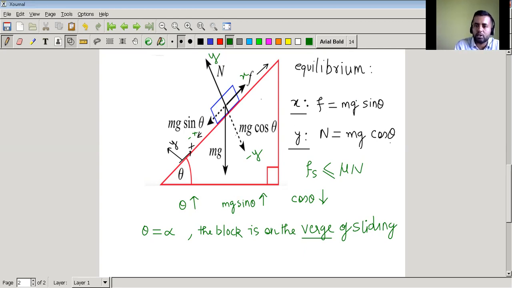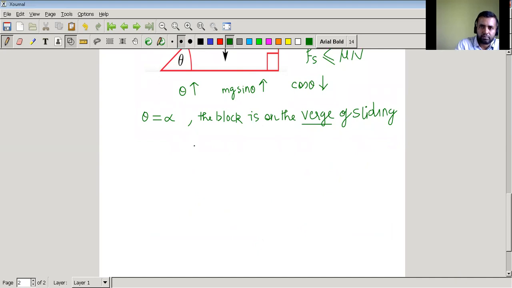Then this will become sine alpha, this will become cos alpha, right? Now, let us combine all this. What happens is that since static friction is less than or equal to mu N, if angle becomes alpha, then you know that sine theta will be replaced by sine alpha and cos theta will be replaced by cos alpha.